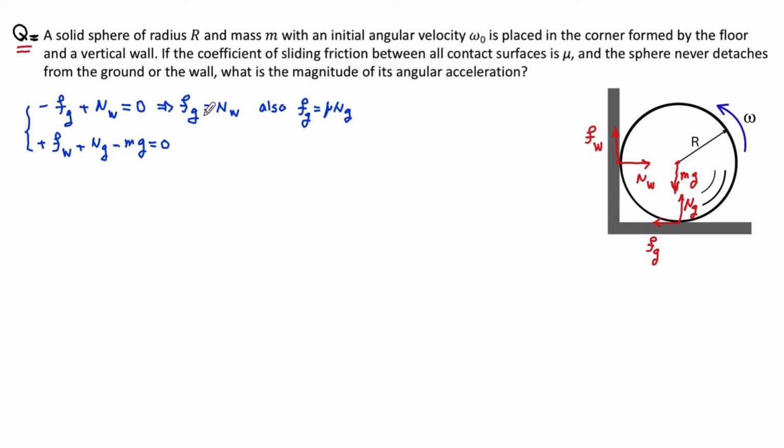So if we substitute mu Ng instead of Fg in this equation, we get Nw equals mu Ng. So this is one equation we found.